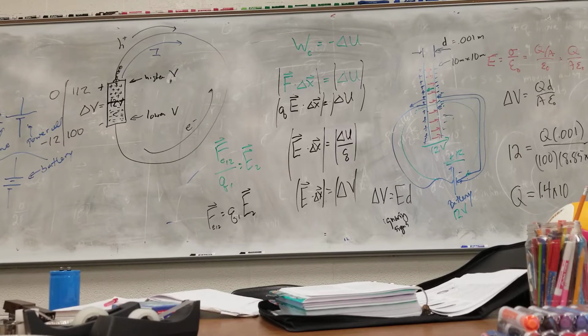125. 10 to the negative 6th. I got 1.062 times 10 to the negative 5th.